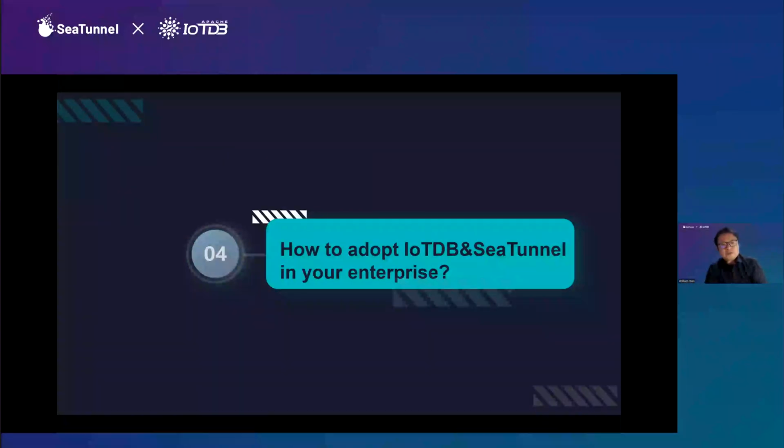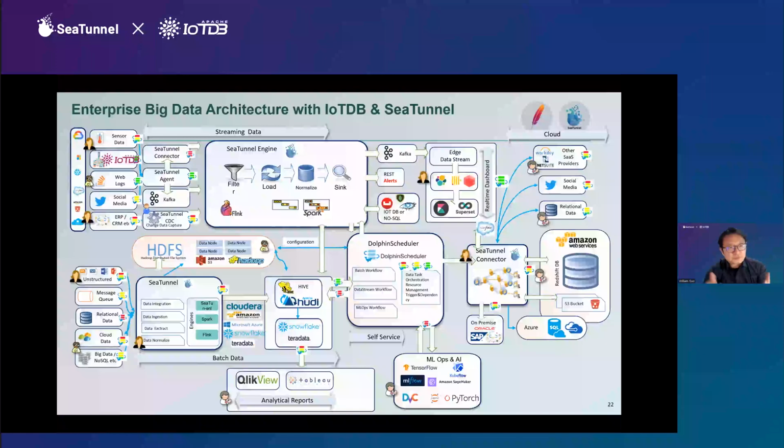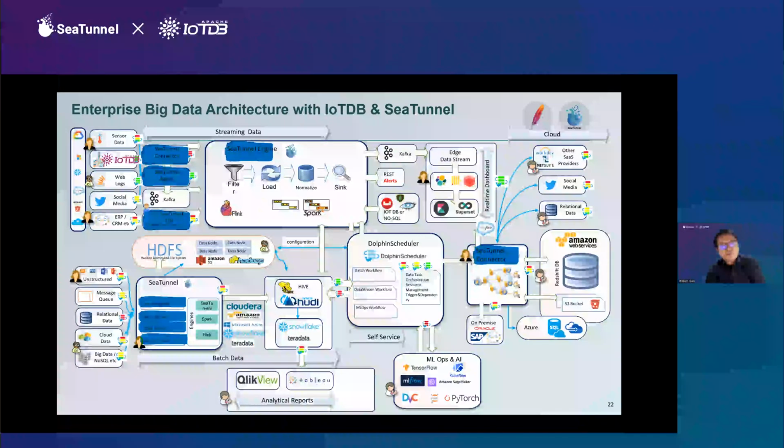And the last part I would like to share with you is how to adopt IoTDB and SeaTunnel in your enterprise. Here is the whole big data architecture with IoTDB and SeaTunnel. Now, as we know, IoTDB can connect data from sensors or from logs from Kafka.